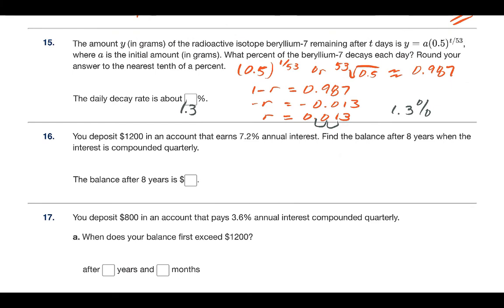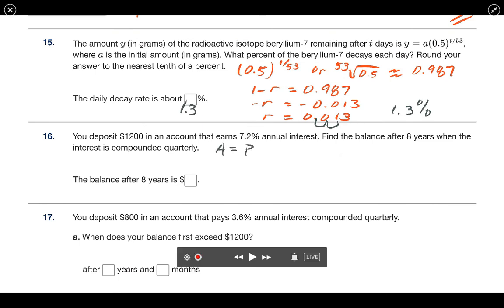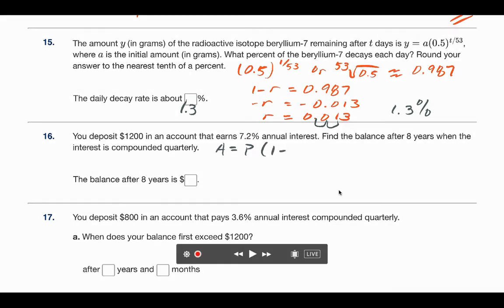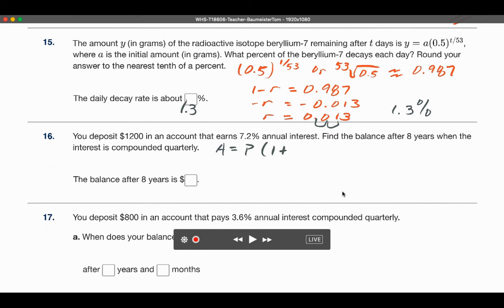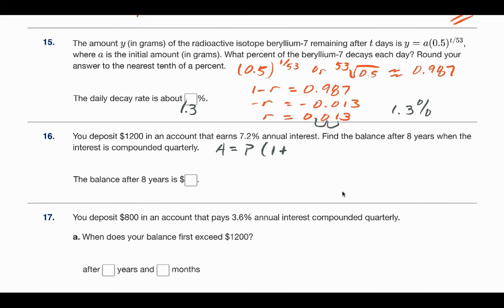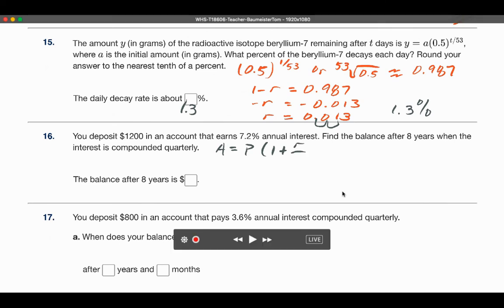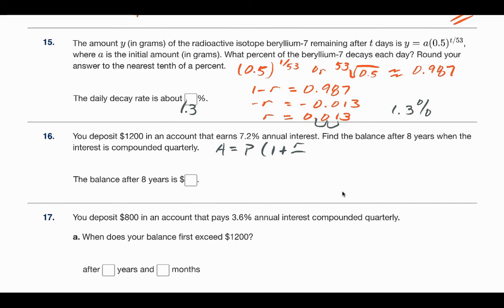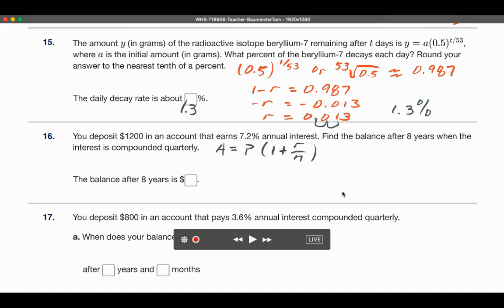So remember, on that one there, you're going to use the formula A is equal to P, which is our starting amount, times 1 plus r, which is our rate in decimal. It's in percent right now, so we're going to have to change that, divided by n, raised to the n times t power. All right.